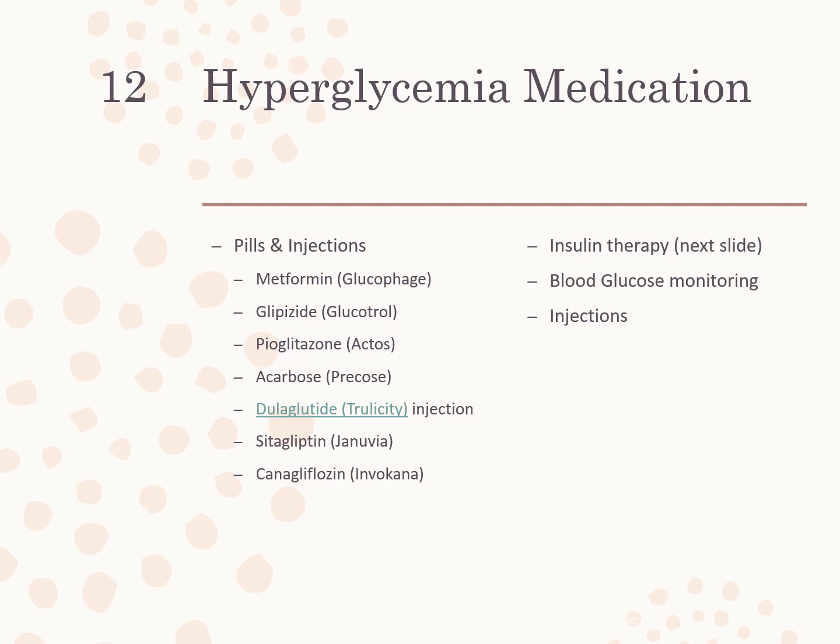There are multiple interactions with this medication. Please make sure they do not consume alcohol, because they will have something called the disulfiram effect. The disulfiram effect means, if you ever studied the drug Antabuse, or disulfiram is the other name for it, if a person comes in contact with alcohol, they will violently vomit.